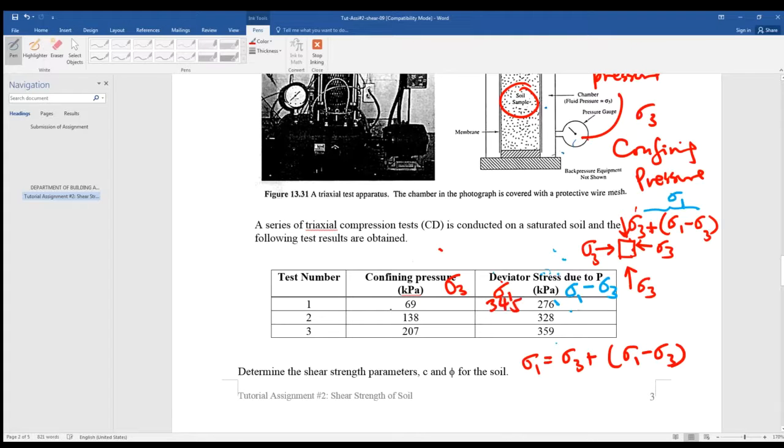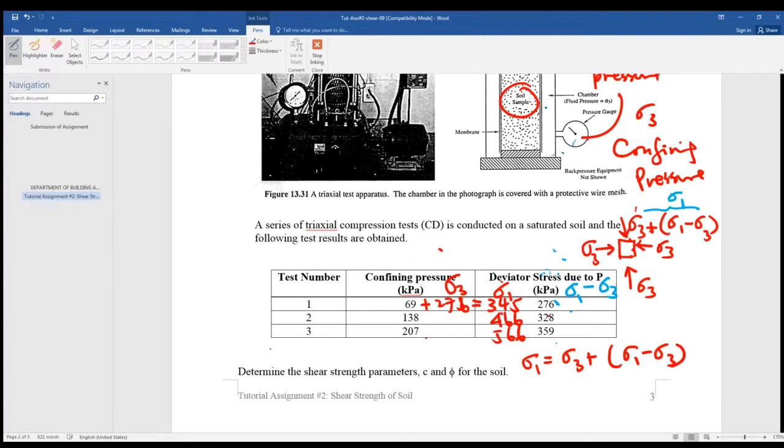Then 138 plus 328 gives you 466. And then 207 plus 359 gives you 566.